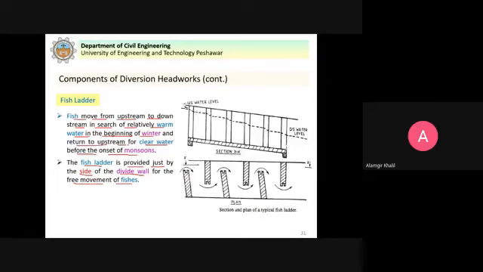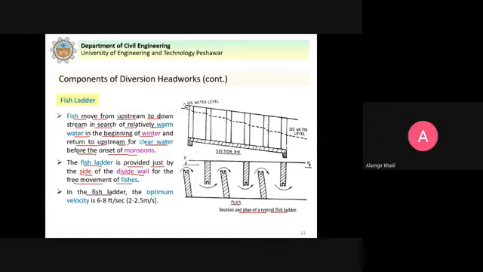You can see here in the divide wall, this is the plan from the top. This is the plan of a typical fish ladder. These baffle walls are provided to slow down the water. Clear? So that fish can easily move from upstream to downstream and downstream to upstream.